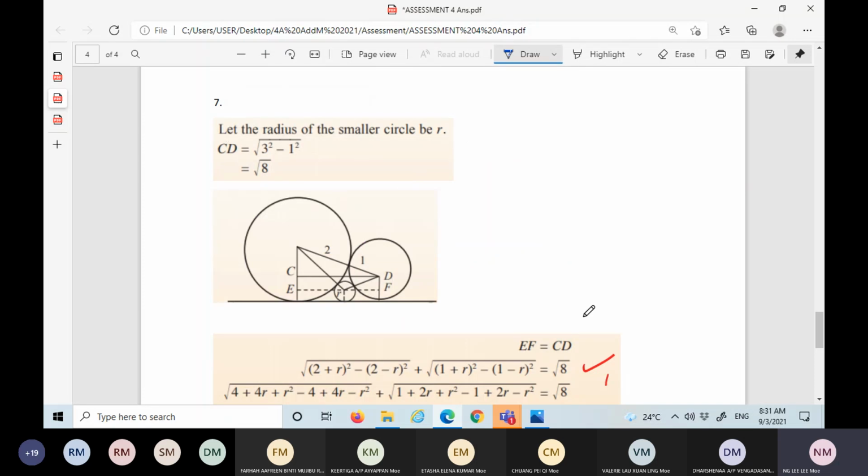Okay, so you see they draw it in this way. There is one girl, she tried, but I don't know how she made the conclusion that here is a 90 degree. Here is not 90 degree, okay? This is not 90 degree. The one that is 90 degree is something like this.